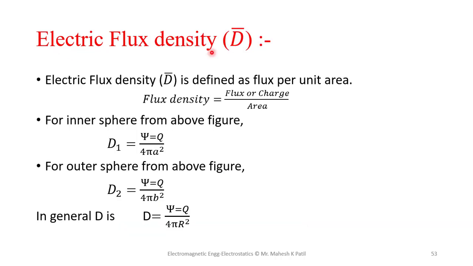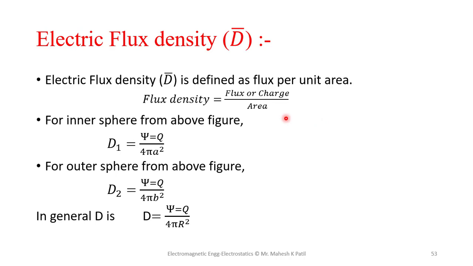Now we'll see electric flux density. Electric flux density is defined as the flux per unit area. So as per the definition, flux density is equal to flux, or total charge, divided by the total area. Now why is it required to use this term flux density?